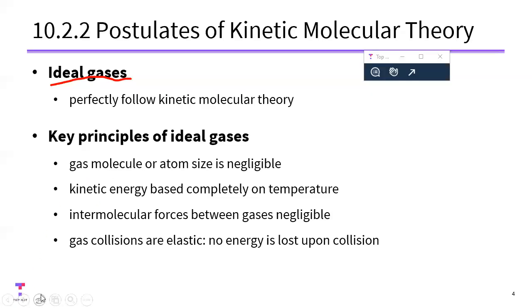When we describe an ideal gas, what we're really describing is how we expect gases to behave.